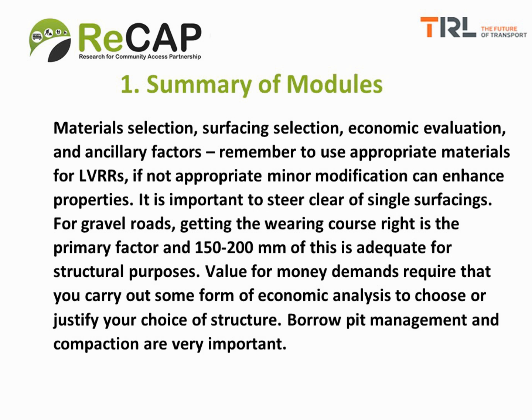So that was also covered. Now, ancillary factors such as borrow pit management and compaction during construction are very important for you to achieve the design that you intended. So please remember that these are important factors that affect your design.